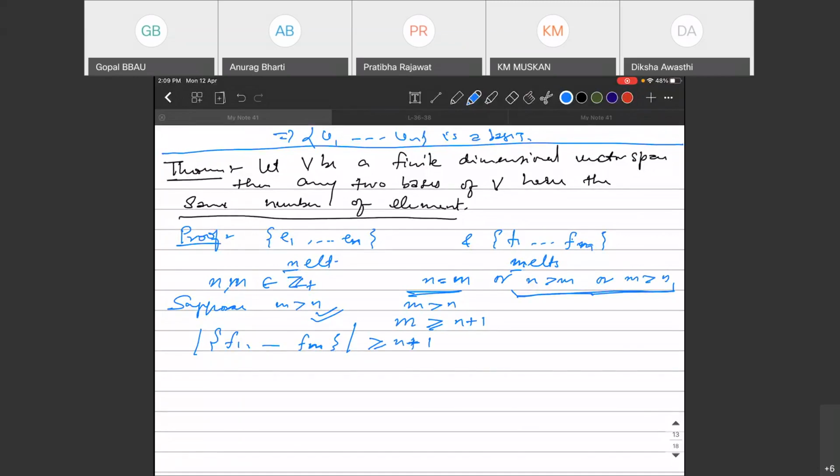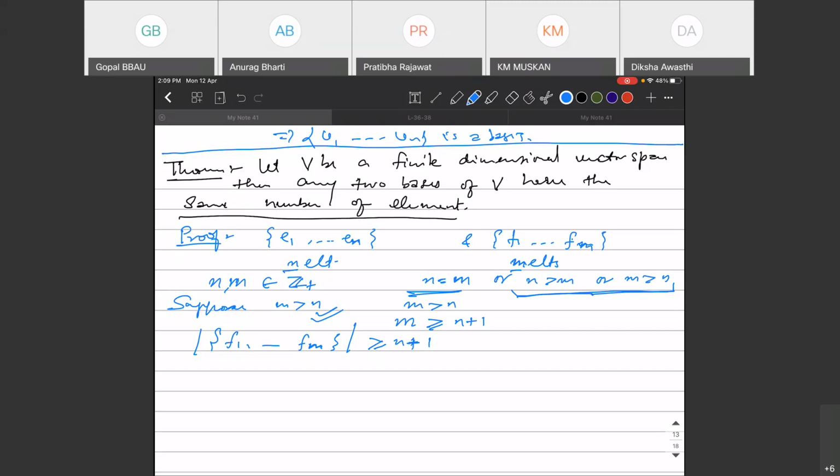And you know we had proven in a lecture that if we have a finite dimensional vector space, and it has a basis with n elements, then any set of vectors in which there are n plus 1 vectors, that set will be linearly dependent.